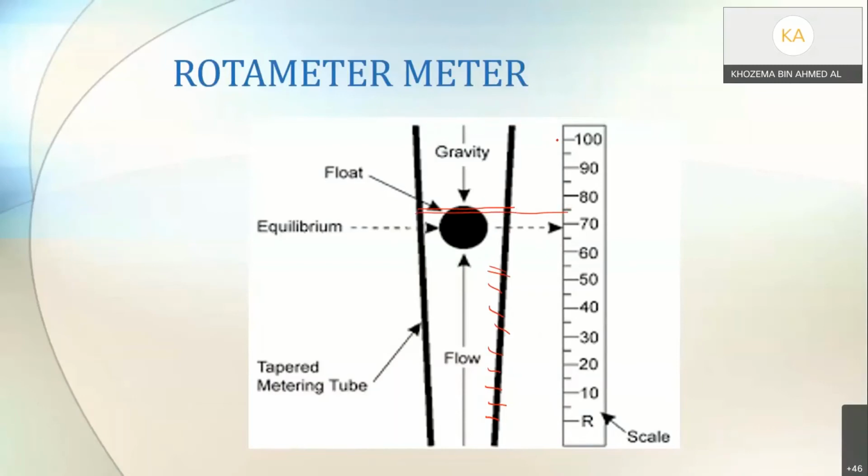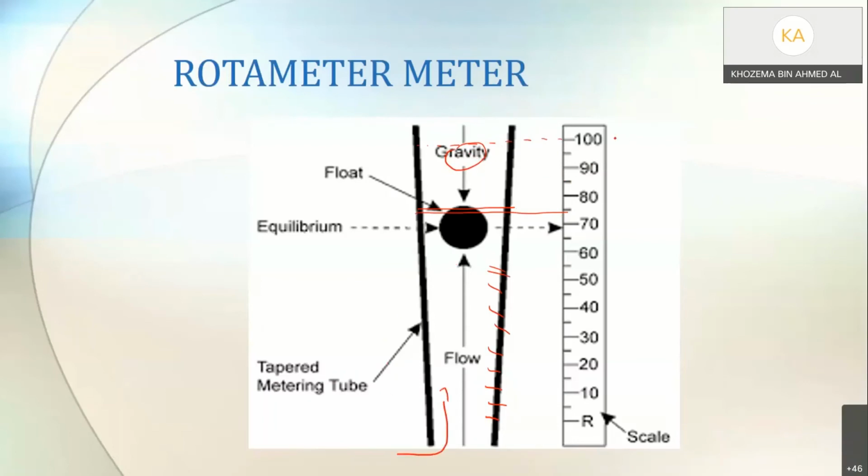Now, the maximum I can go is 100. So if my float is at this point, I know that this is the maximum flow of my rotameter. The rotameter can come in different shapes depending on how much flow you have.